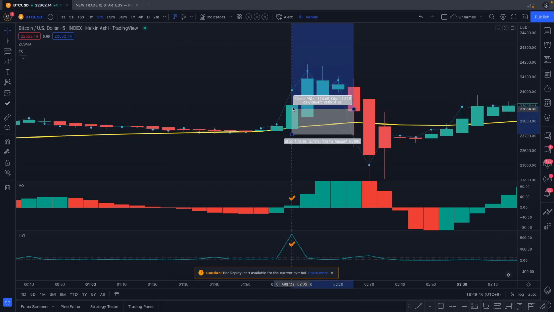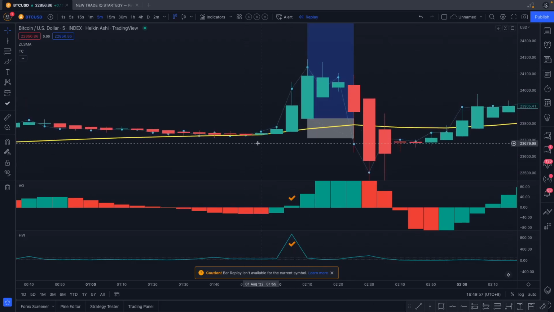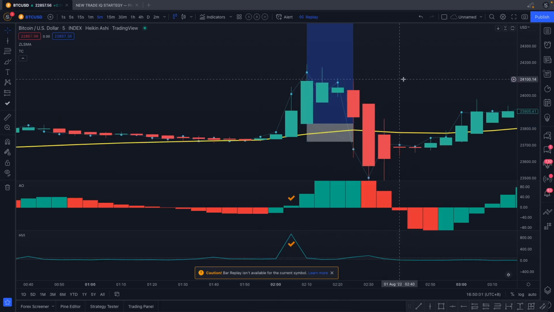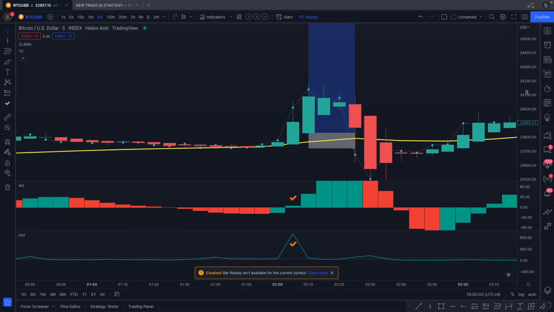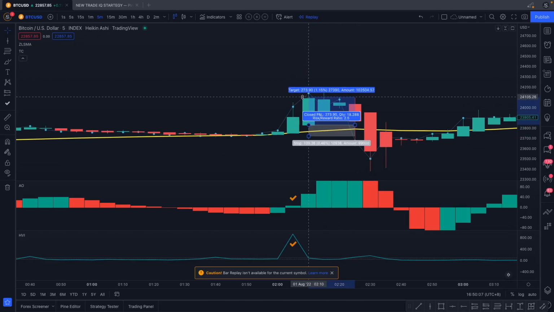Well, your entry would have been here. And even if you set a buy limit order down here, look at the difference. So that's your stop loss right here on that last candle. So now we have a 7 risk reward. 7 risk reward. Let's change it to a 2 risk reward.